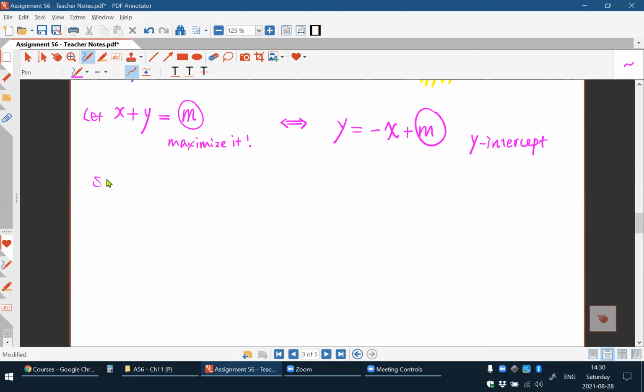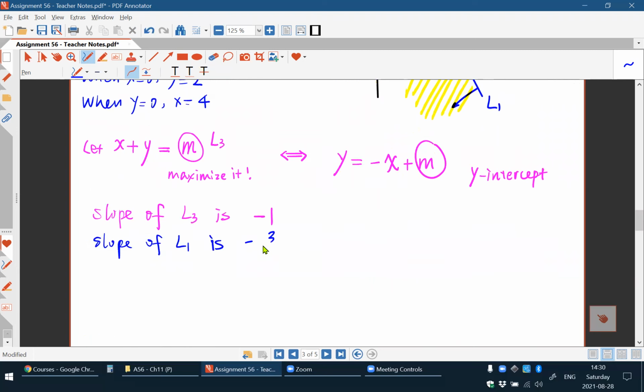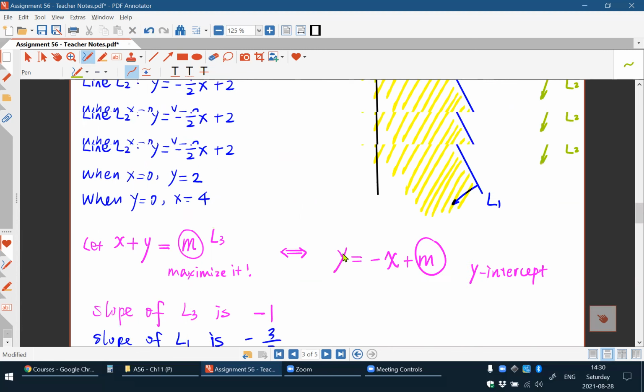Okay, let's call this line 3. Slope of L3 is -1, right? And next, we need to check the slope of line 1, which is the blue line, which is minus 3/2, right? And we also need to check the slope of L2, which is a green line.